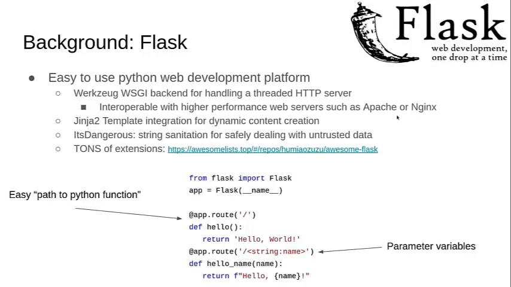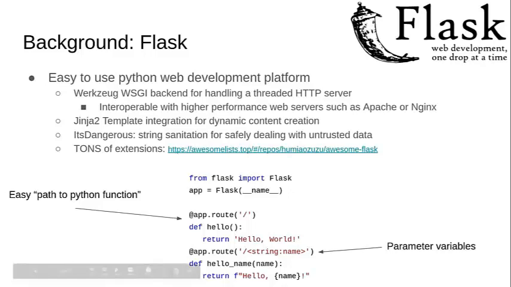Then we also have Flask, which is a Python web development platform. It brings together other tools, including Jinja 2, and a WSGI backend that lets you run HTTP servers on better HTTP servers.